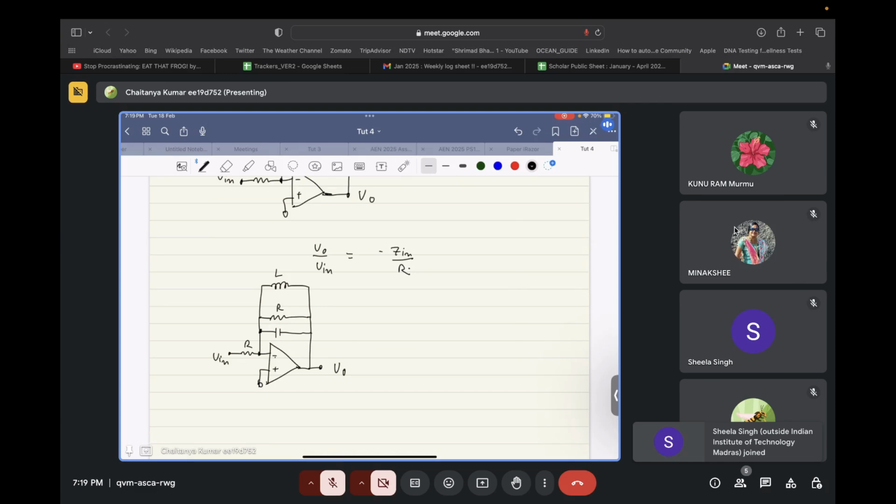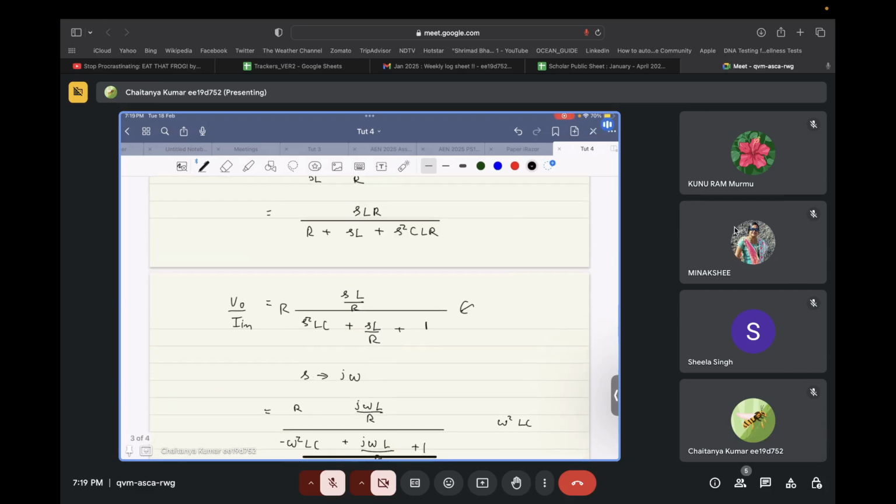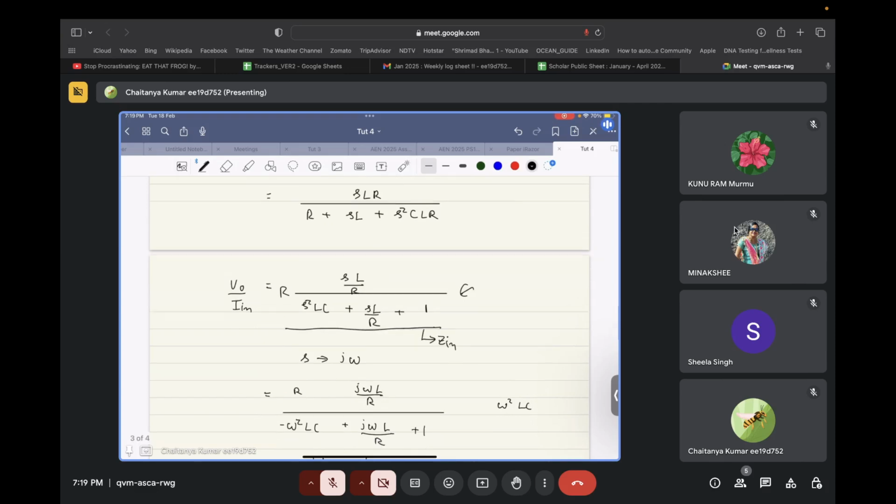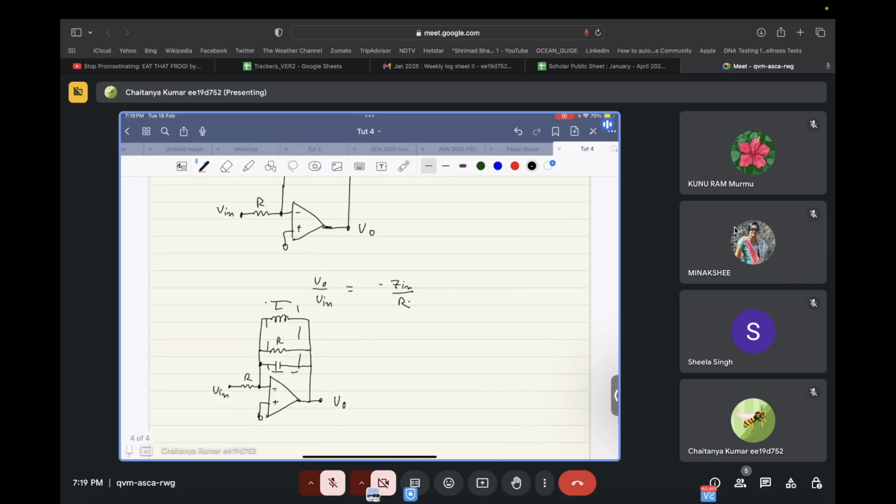Now this is basically the Z in that we have put over here. What was the Z in? We calculated it over here. This is the required Z in. So if this is substituted in the inverting amplifier's formula, what do we get over here is SL by R. So let's put the Z in first. So it's basically R divided by S square LC plus SL by R plus 1, right?